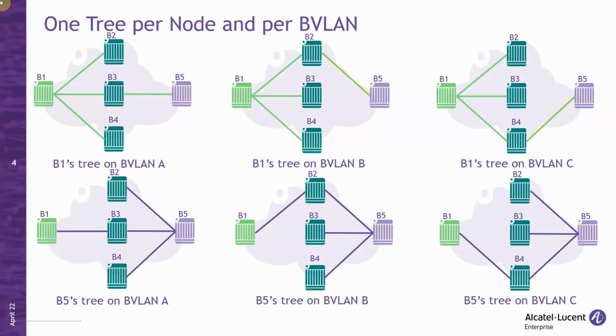And this symmetry is a property of SPB, and it happens between any pair of nodes. It is an important property for operations and maintenance. For instance, this means that the one-way delay is just half the round-trip delay, which is not necessarily the case with other technologies that are IP-based, in which the reverse path may be different from the forward path.